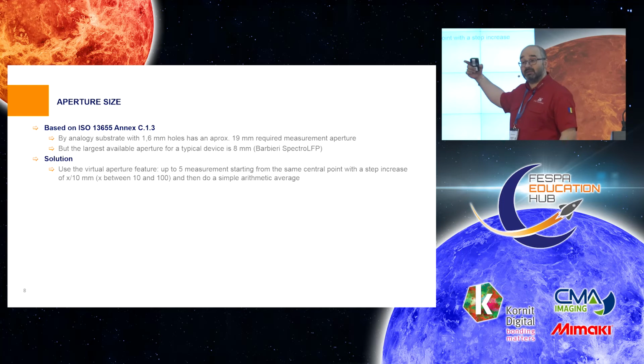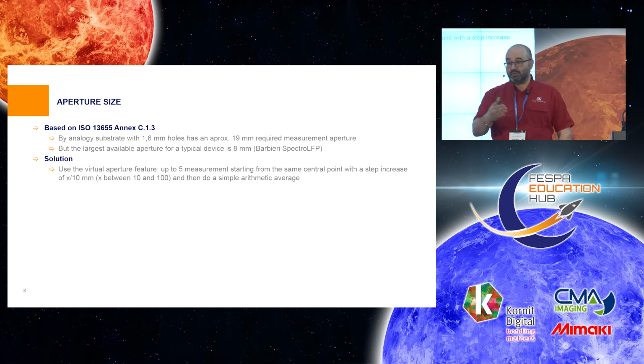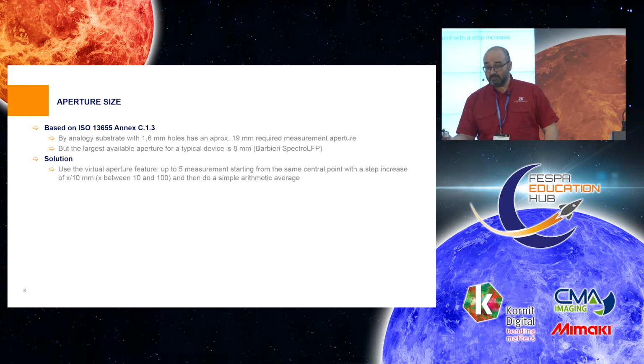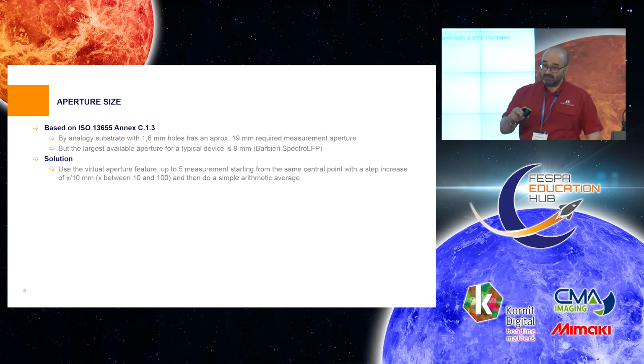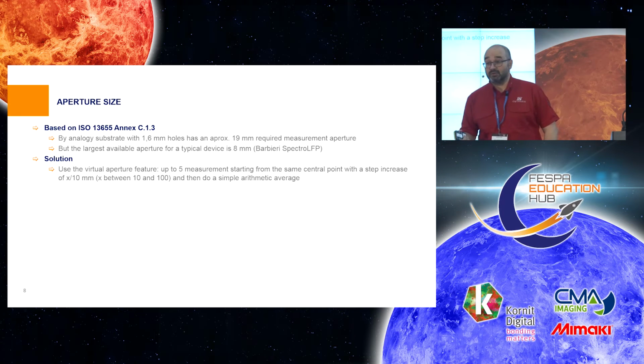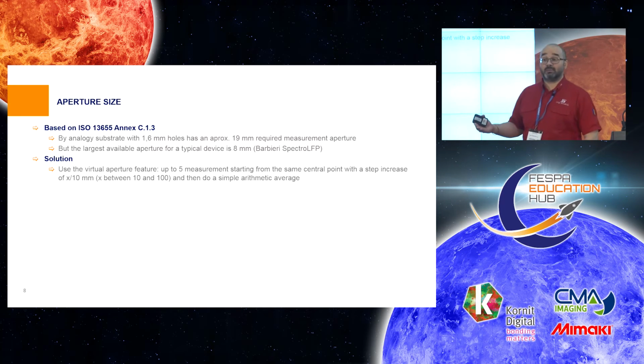If we apply the same approach to perforated substrates, with a ratio between the holes and the solid part of the substrate and the perforation size, we can easily determine that for a 1.6 millimeter perforation, we need at least a 19 millimeter aperture.